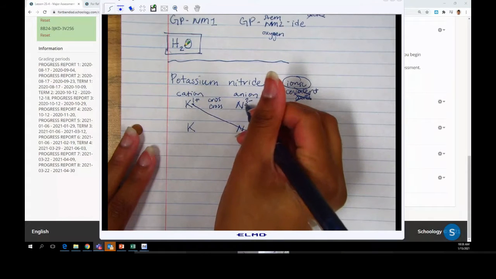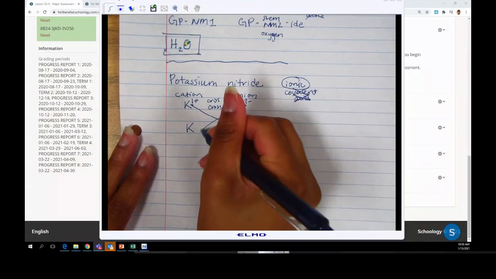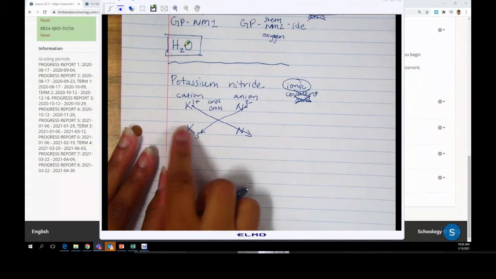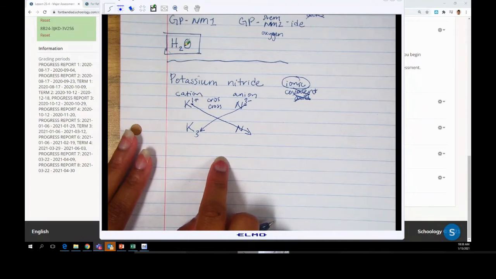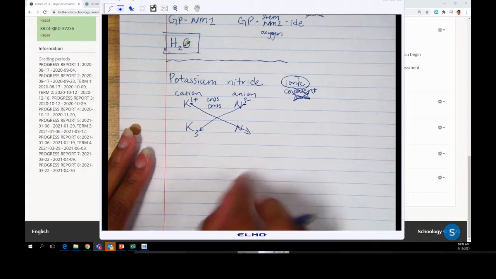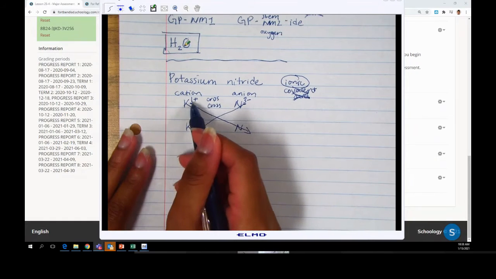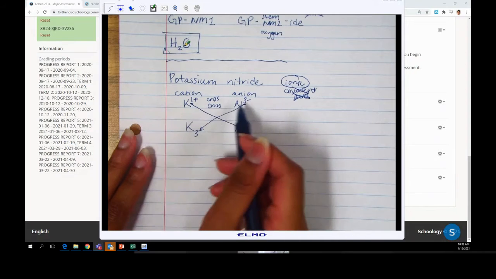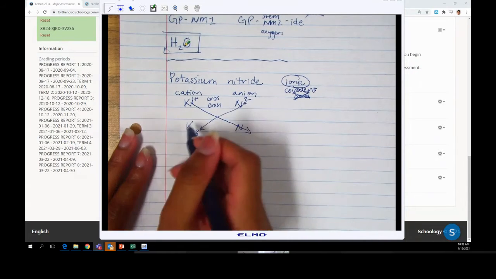Then the 3, the magnitude of the charge on my nitrogen, is going to crisscross down to become the subscript on my cation, my K here. All right, I've done my crisscross. I need to remember to check and make sure this is the simplified charge ratio. I've got a 1 and a 3, so that's simplified. I can't reduce that anymore. So my crisscross is okay.